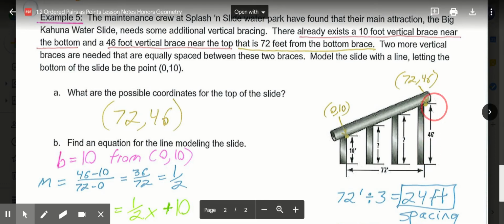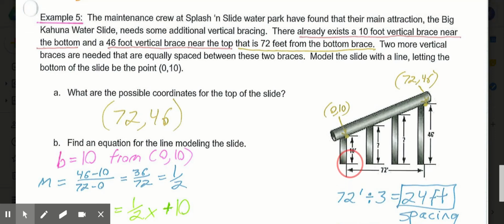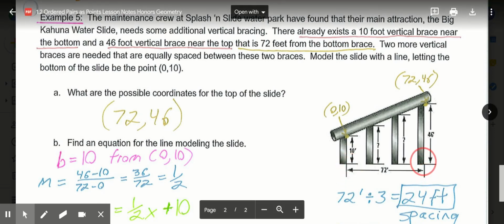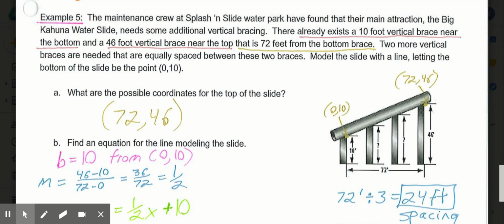So here is our 46-foot vertical brace near the top. That is 72 feet from the bottom brace. So the distance between this first brace and this last brace is 72 feet. 2 more vertical braces are needed that are equally spaced between these 2 braces.